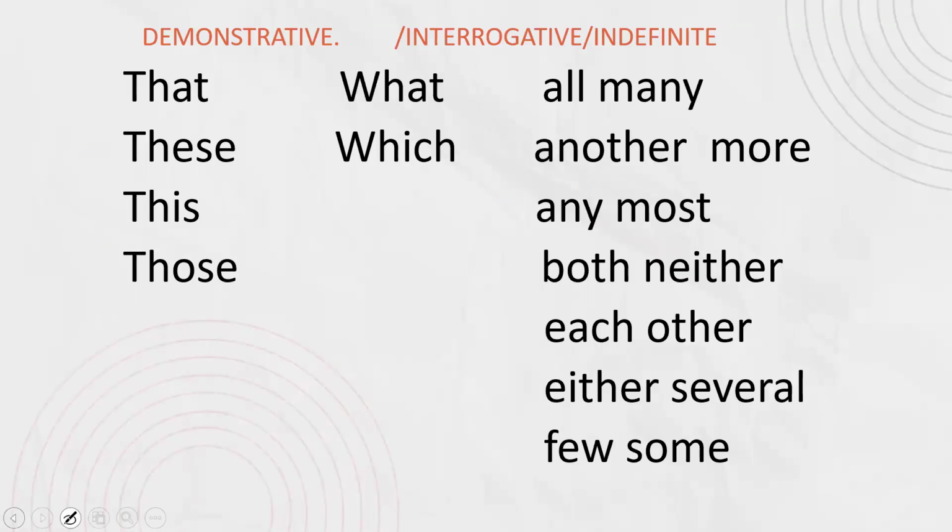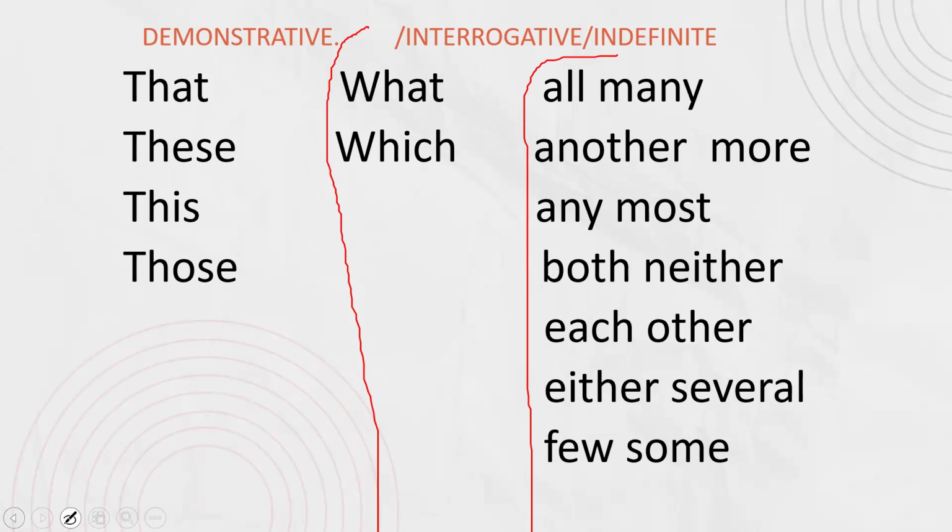The format is a bit off, because it's different on Sir Kevin's laptop and on mine, but I'll add a division, okay? So there it is. These are demonstrative pronouns. Demonstrative because we use them to demonstrate and we use them to talk about the location. All right? So that, these, this, and those.